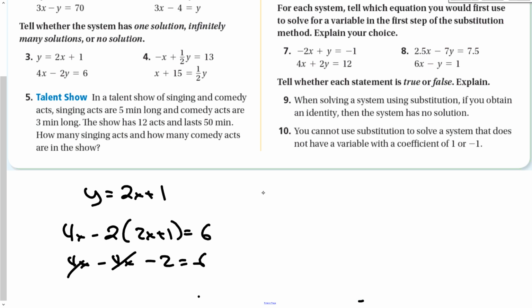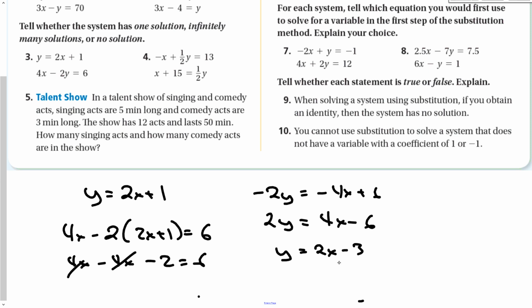The other way that I can do this is I can look at y. If I move the 4x to the other side, I would get negative 2y is equal to negative 4x plus 6. Well, I want y to be positive, so that would be 2y is equal to 4x minus 6. And in order to compare these, I want to get y by itself, so I'm going to divide everything by 2, so y is going to be equal to 2x minus 3.